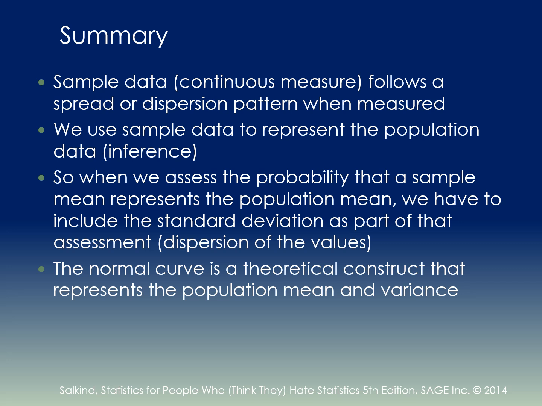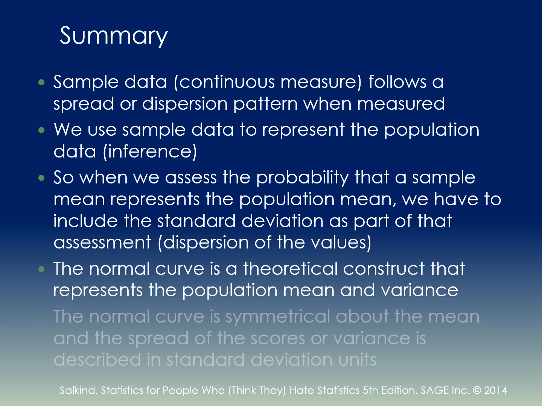So what do we use to use inference here? Well, we use what is called the normal curve. Again, it's a theoretical construct that represents the population mean and the population variance. The normal curve is symmetrical about the mean, and the spread of the scores, the variance, is described in standard deviation units.